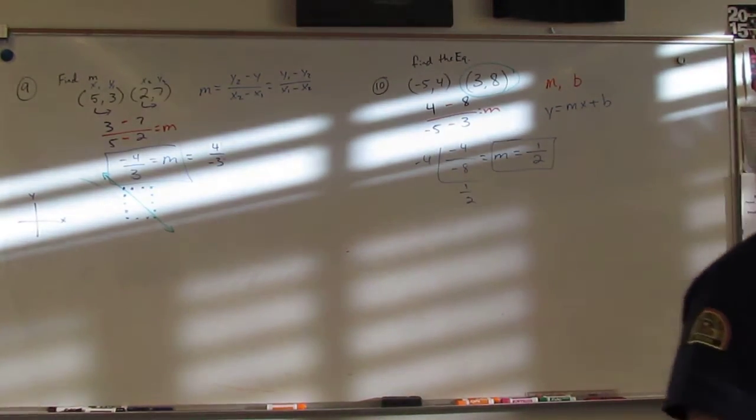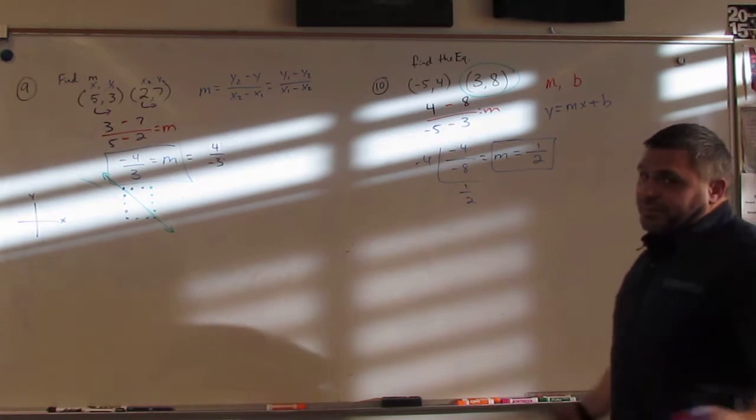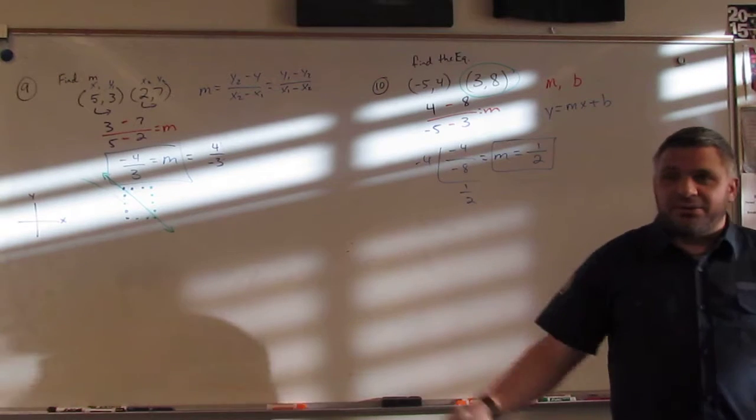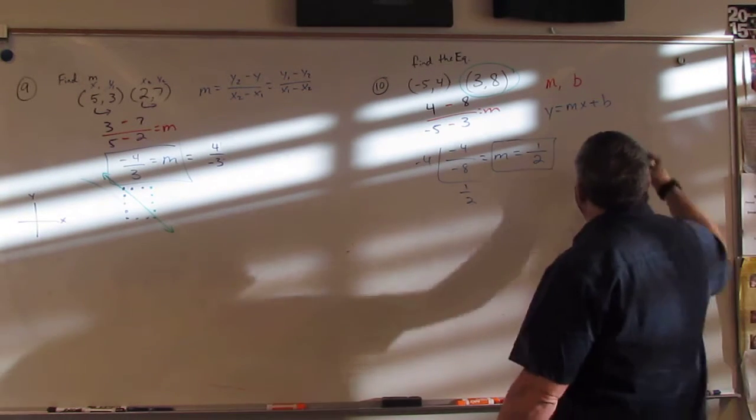Because that one's positive. So use better numbers, that's all. If one of them has fractions, don't use it. If one of them has a negative and the other one doesn't, use the positive. If one of them's small numbers and one of them's big numbers, use small. Just be practical.